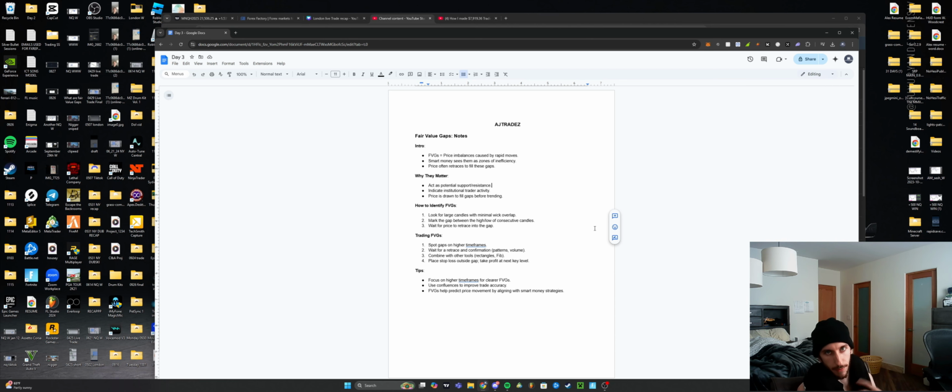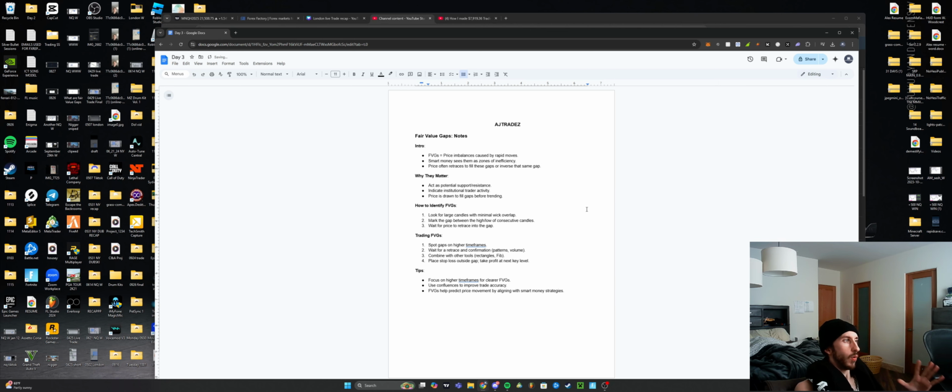I don't like taking fair value gap taps normally, just not my type of style, I guess. But like I said, inverses, that's the way to go. So again, price often retraces to fill these gaps or inverse that same gap, right?